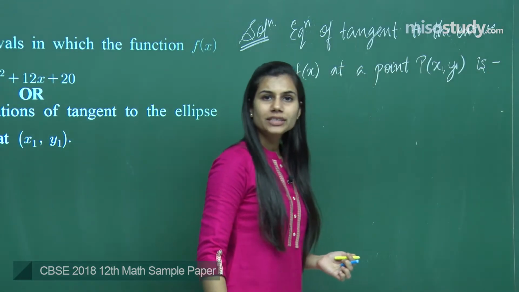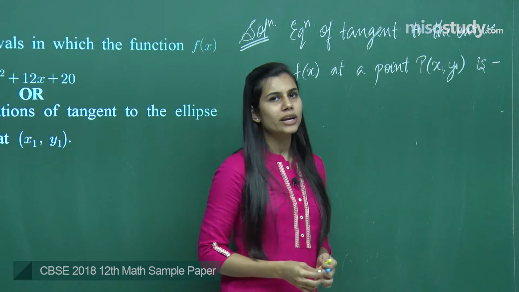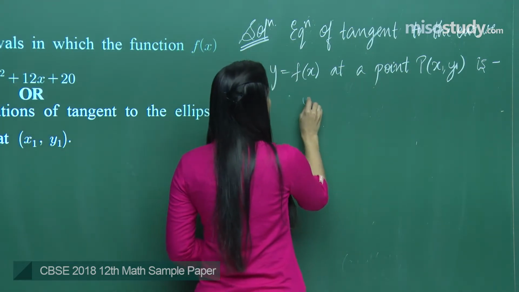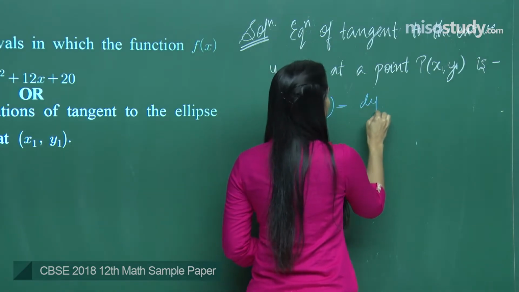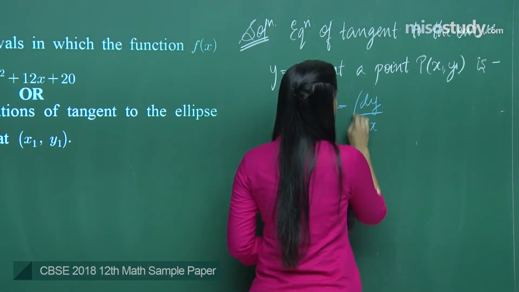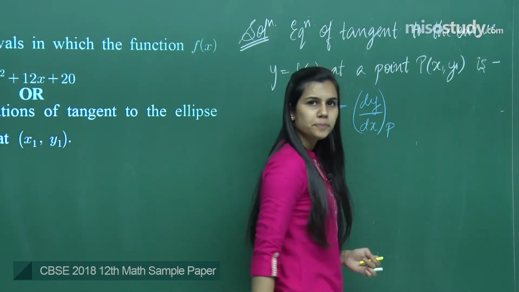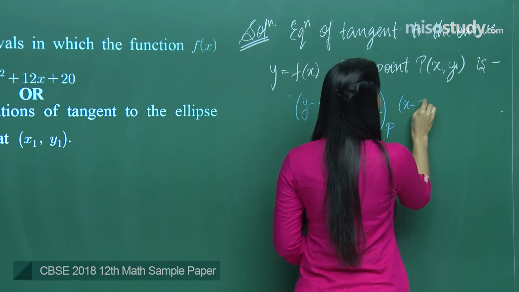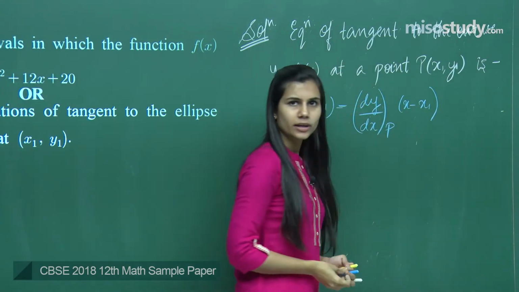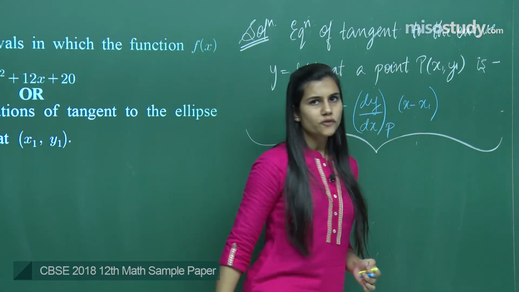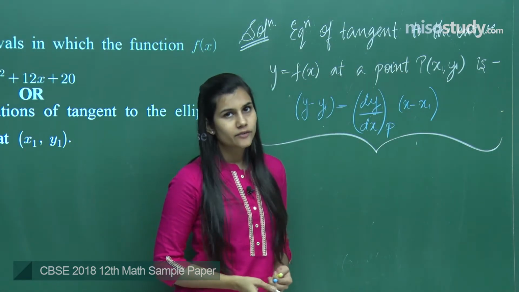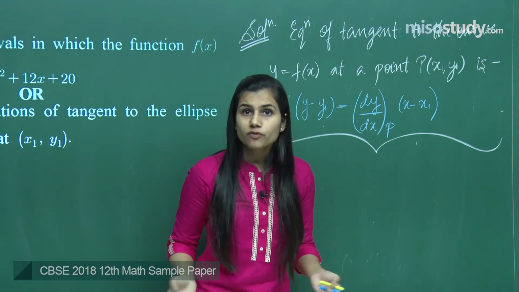What is the equation of a tangent in general to a curve at a point P? It is given by y minus y1 is equal to dy by dx at the point P into x minus x1. This is what happens to be the concept of equation of tangent to a curve at a point. That's what we have to find.